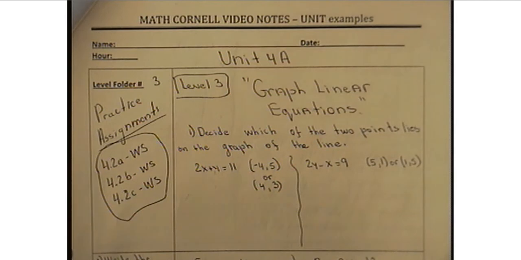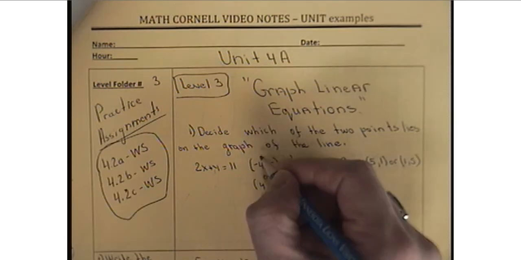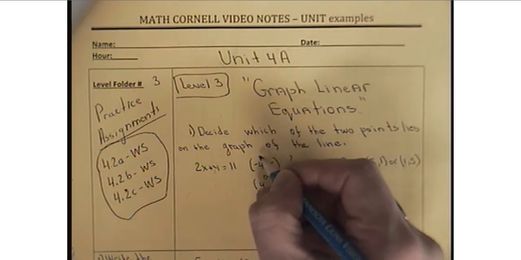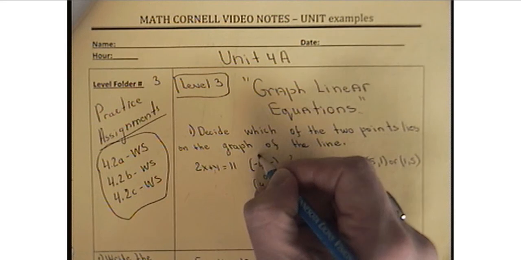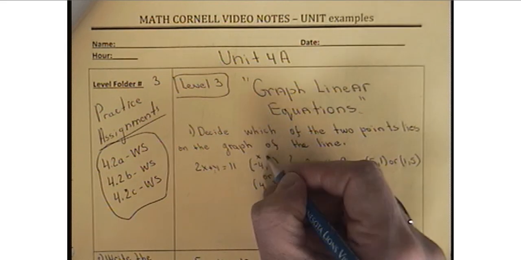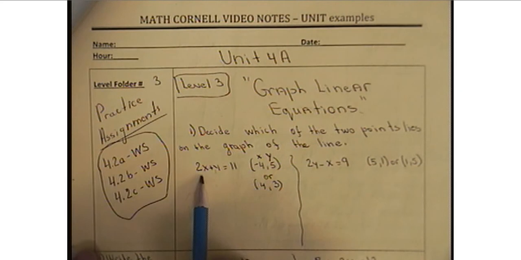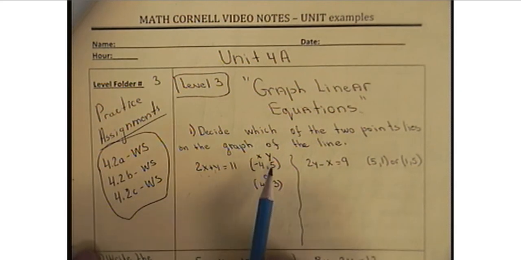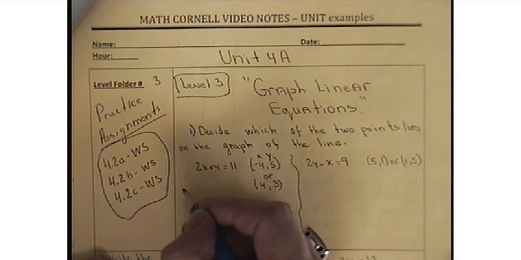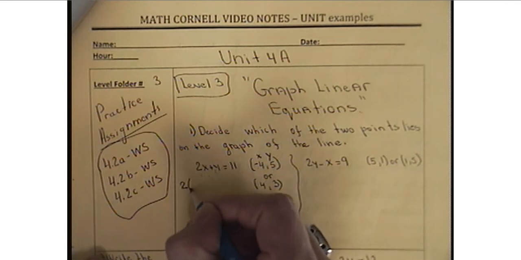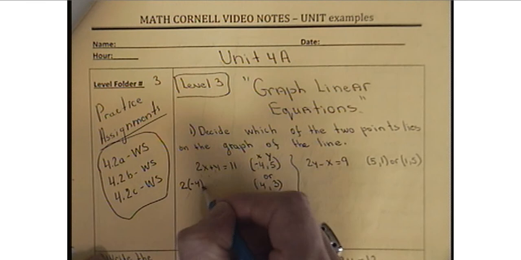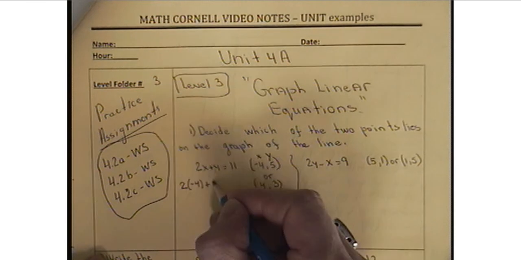Well, we learned that a pair of points is represented by x and y coordinates. So I'm going to substitute into this equation the first point with x value of -4 and y value of 5. So I'm going to write 2 times, instead of x we'll put -4, then plus y, which is 5, equals 11.